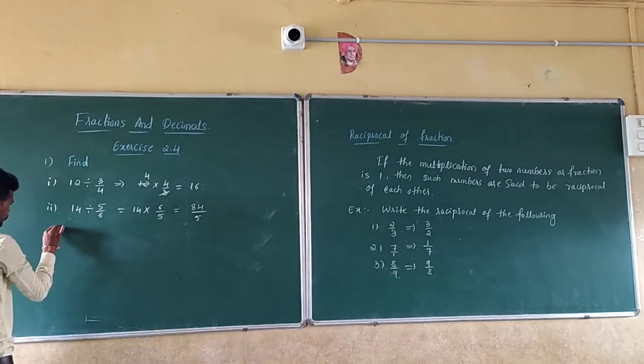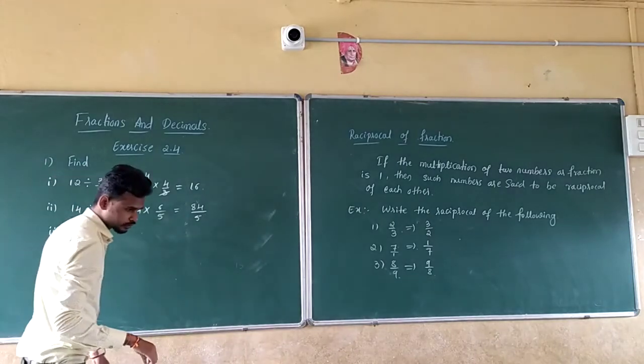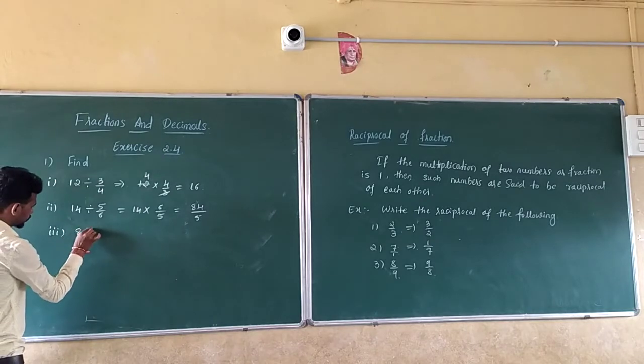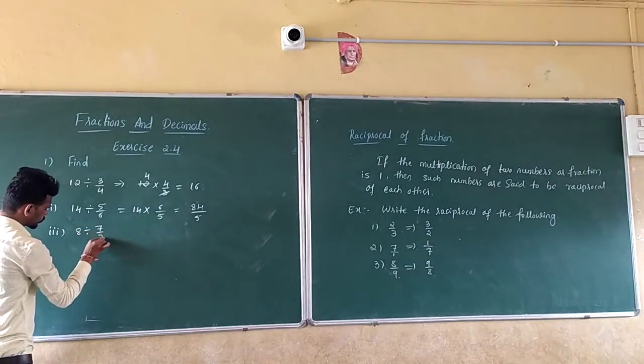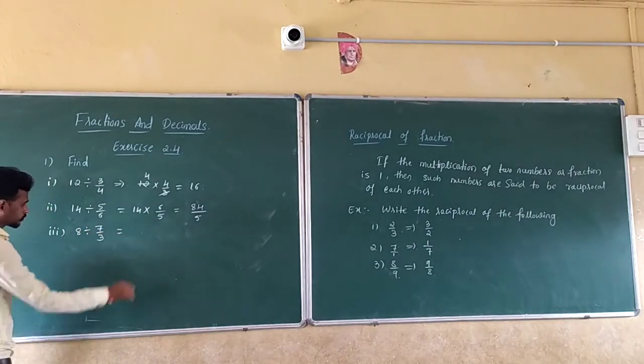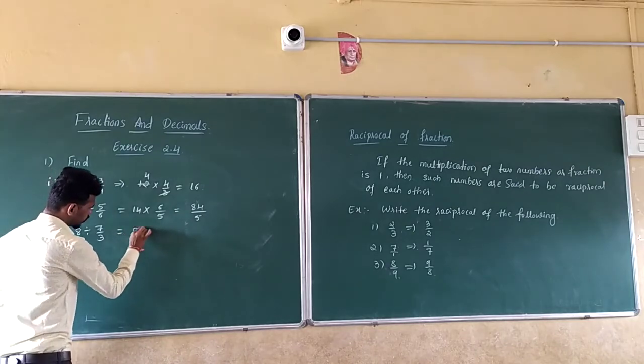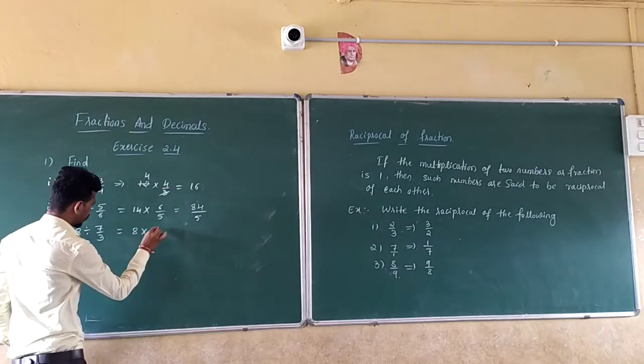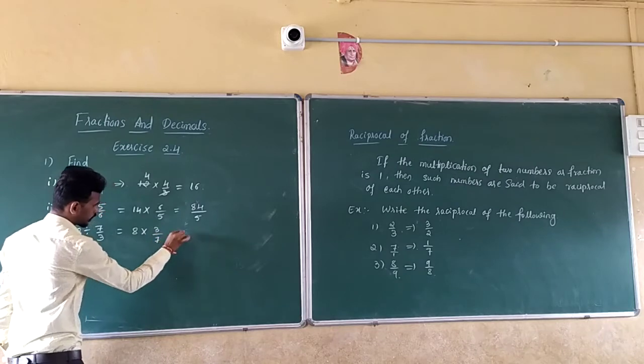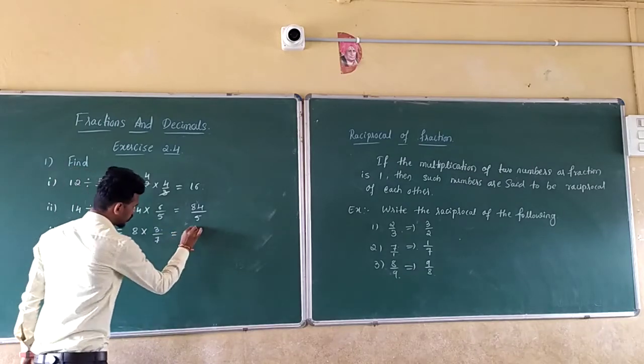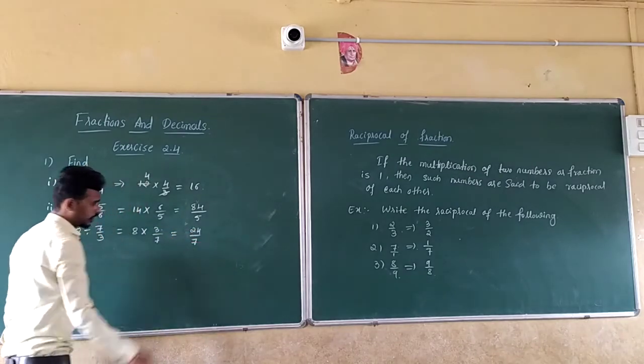Next, third one, 8 divided by 7 by 3, which is equal to 8 into the reverse of the second number, 3 by 7. So which is equal to 8 threes are 24, divided by 7.